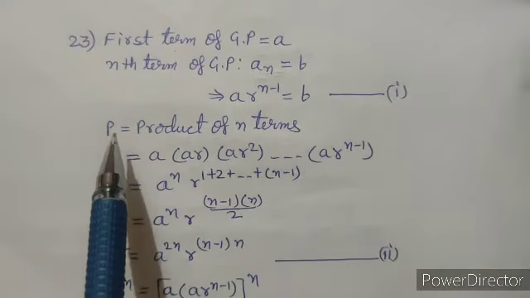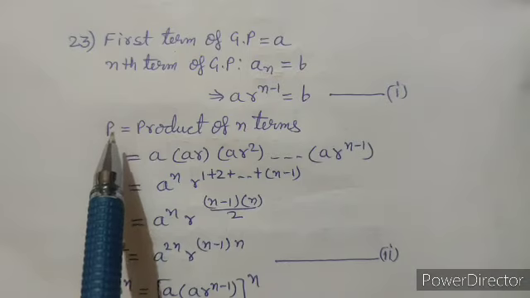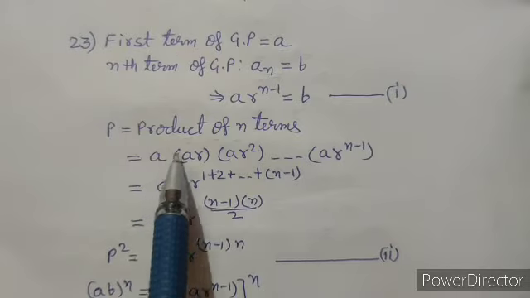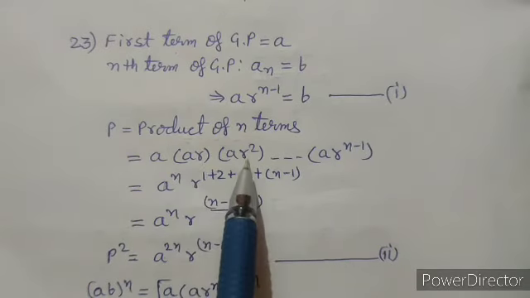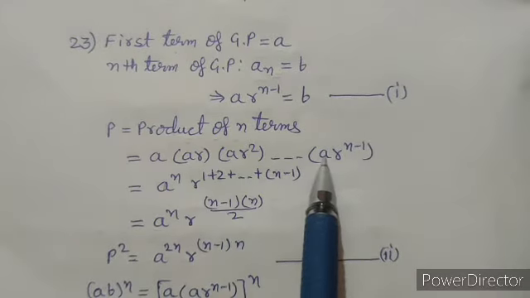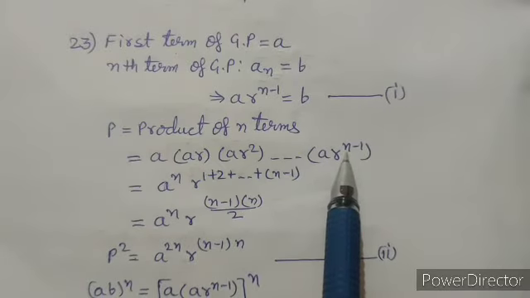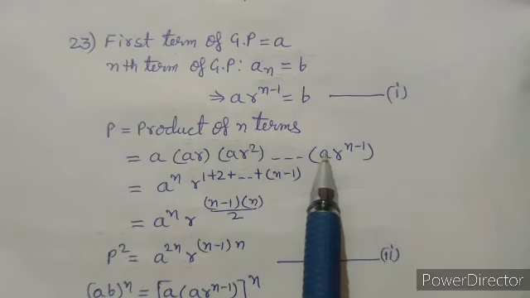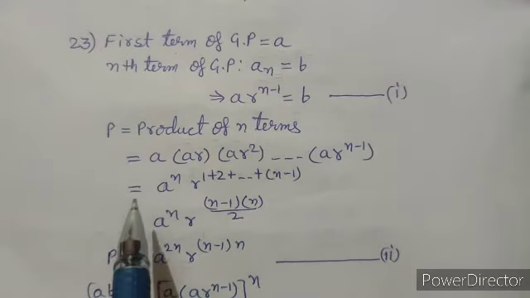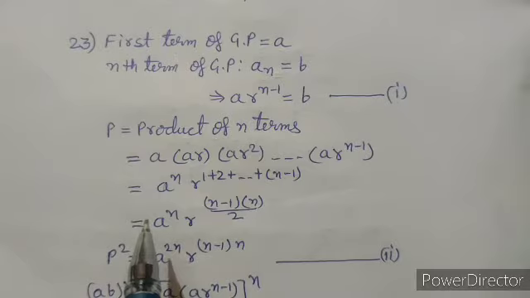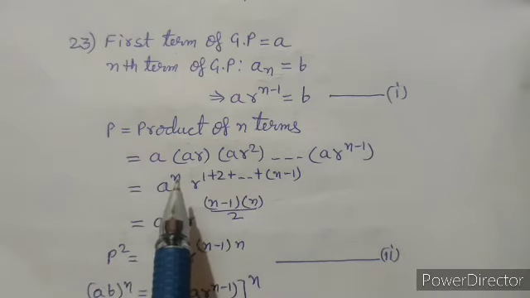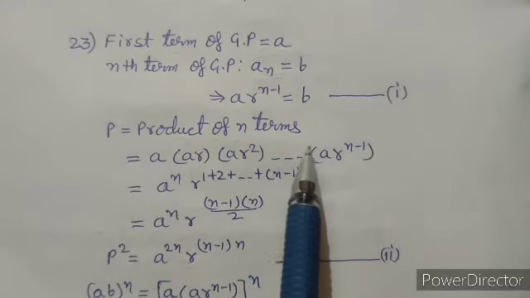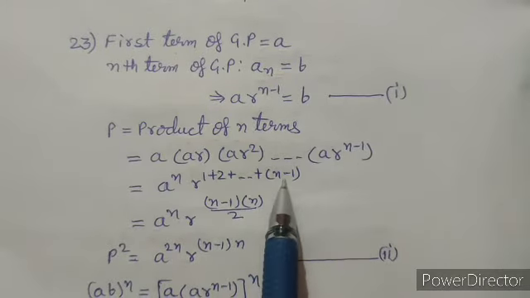Now here P is the product of the first n terms, so P will be equal to A, second term will be AR, third term will be AR square, and nth term will be AR raised to power (n minus 1). So P will be A into AR into AR square up to AR raised to power (n minus 1). And this will give us the value of P as A raised to power n into R raised to power (1 plus 2 plus 3 and up to plus n minus 1).